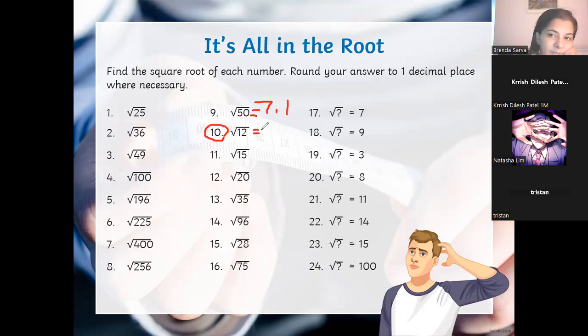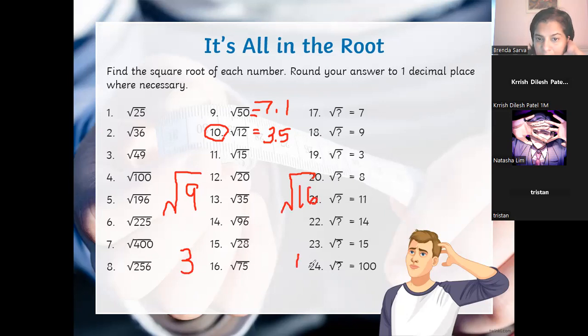All this is easy. You just use your calculator and do this. 3.5. Now, if you notice, you have decimal numbers. Let me just hold on. What is the square root of 9? It's 3. What is the square root of 16? It is 4. So any numbers between 9 and 16, for example square root of 10, square root of 11, square root of 12, up to 15, will all be between 3 and 4.